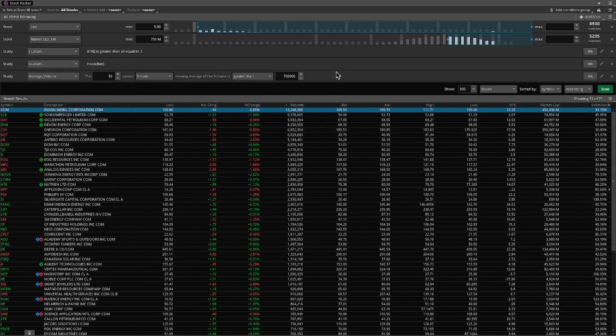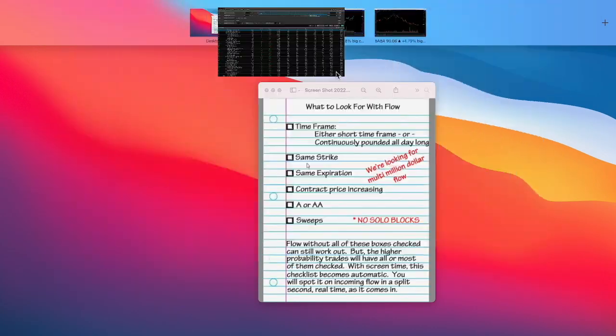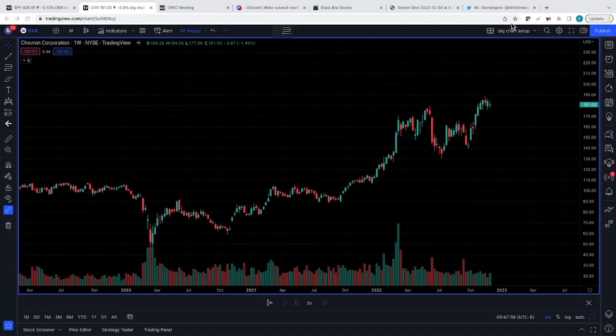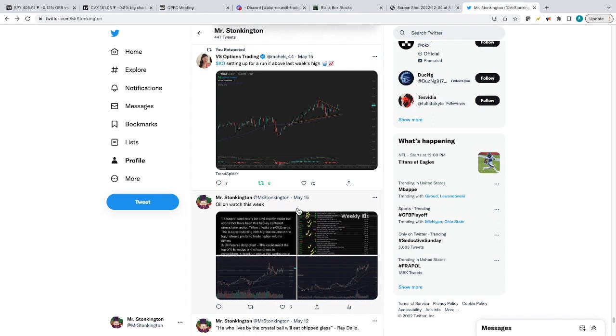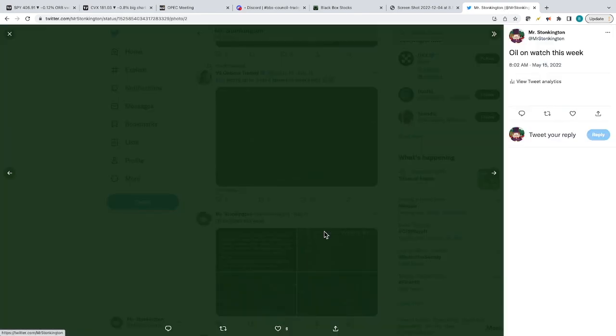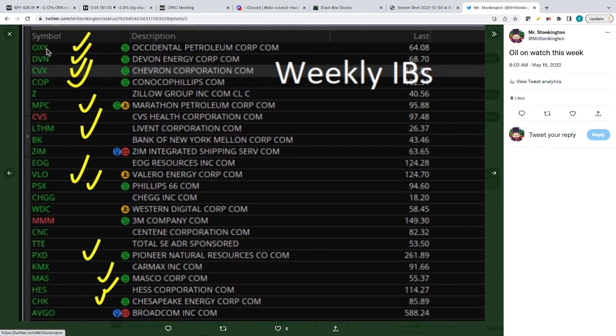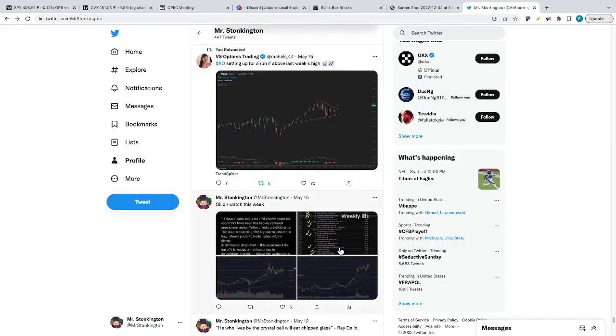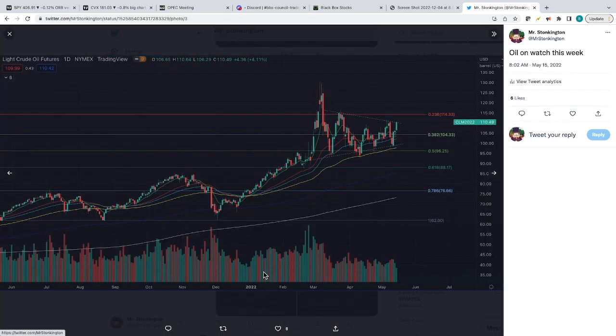Thinking back to the last time I saw something like this, where we had so many tickers in the same sector on the scanner, I realized it was all the way back in May or so. I put this one out there when I saw a lot of energy and a lot of oil on the weekly inside bar scanner, and then also checked out the crude futures chart, which had this little flag going.